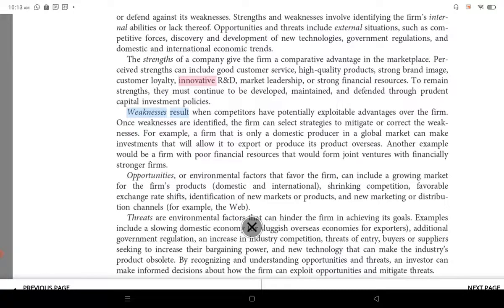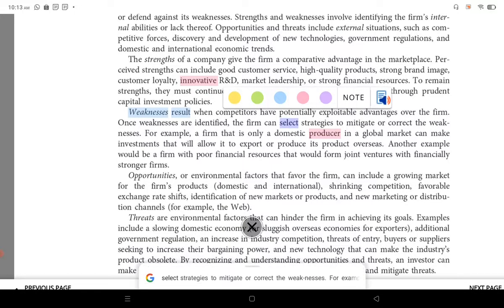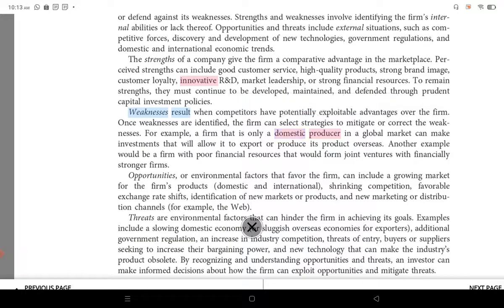Externally, for example, a domestic producer in a global market can make an investment that will allow it to export or produce its product overseas. So one of the obstacles if it wants to export its domestic product overseas is that of course they have to penetrate the market.